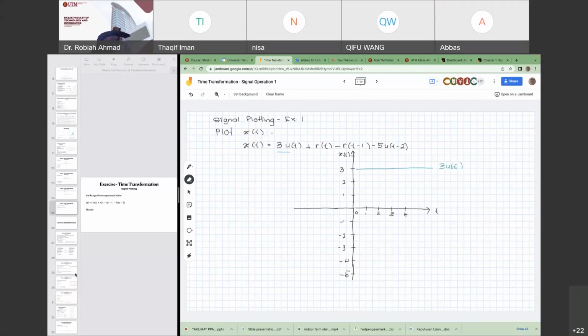Okay, the second one is r(t). Let's say I choose r(t) green, and there is no shift, so green.